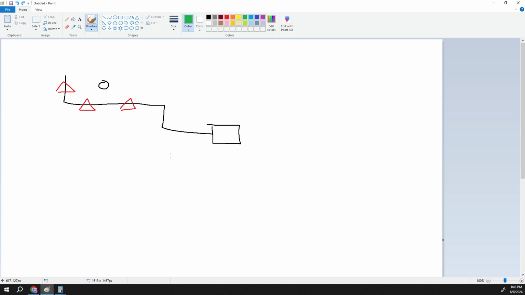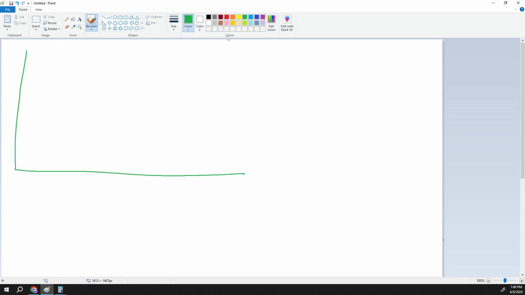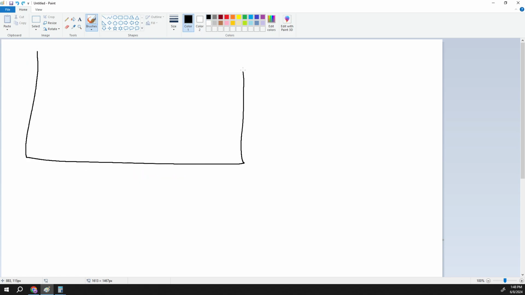Pwede mo siya gamitin for objectives. Well, usually when you play a 3D game, or sorry, an adventure game, let's say ikaw yung nagbabaril, or let's say FPS, right? Sometimes they have objectives and it tells you how many meters away are you from that.